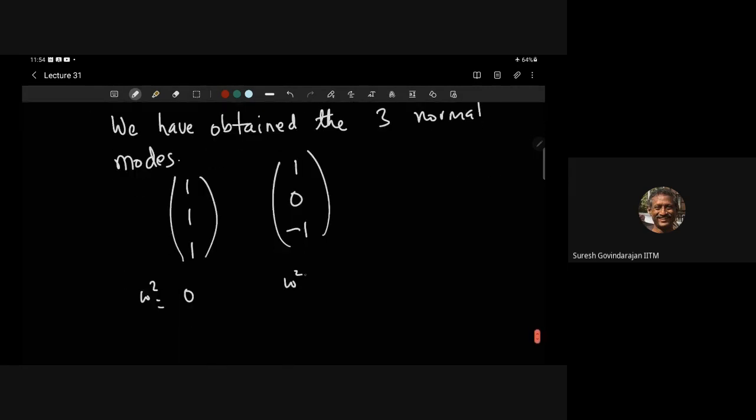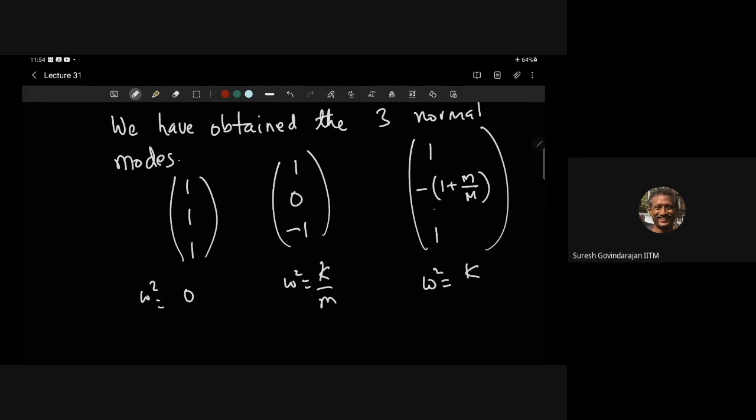This was omega square equal to k by M, and the last one was 1, 1, minus 1 plus little m by capital N. I'm worried there's some factor of 2 or something, I don't know. It doesn't matter, please check this particular number. So we have completely solved this problem, and this is neutral, and these are stable, so these are all greater than 0.